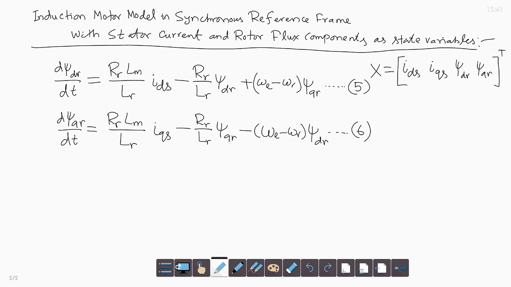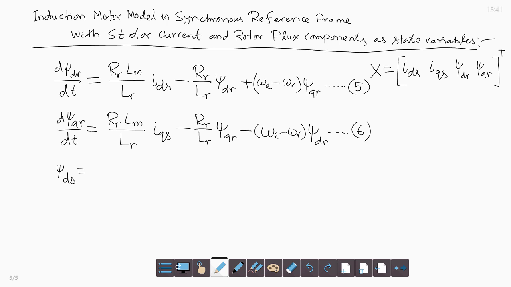So, these equations can be solved dynamically to get how the flux builds up in the d and q axis rotor windings. Then, using the same variables and simplifying the original equations, we can write what is psi ds.